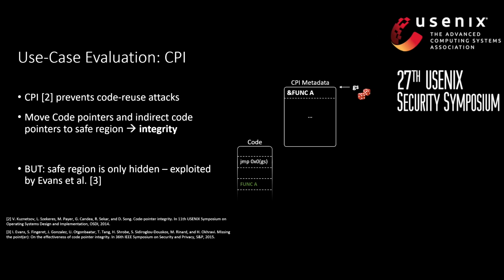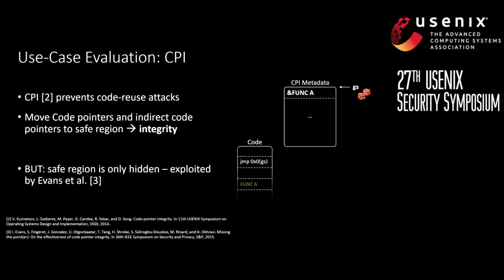And for our use case, we were looking for a mitigation that actually requires high frequency of switches for domains. And this was easy to find. We found code pointer integrity by Kuznetsov et al. And CPI effectively prevents code reuse attacks by having a safe region that stores metadata about code pointers or indirect code pointers.